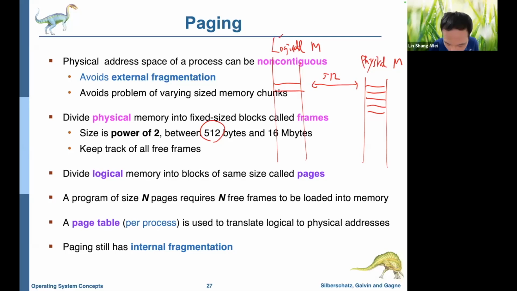They need to have the same size, but in logical memory space we call it a page, and in physical memory space we call it a frame. Actually they are the same concept, a fixed-size chunk of memory. In the lecture, if the context is clear, I'm going to use the terms interchangeably, but you know what they mean, right? If we're talking about logical memory, we use page, and in physical memory we use frame.